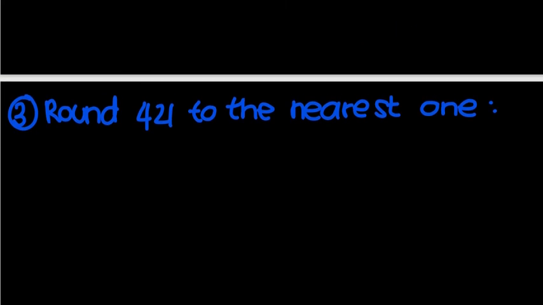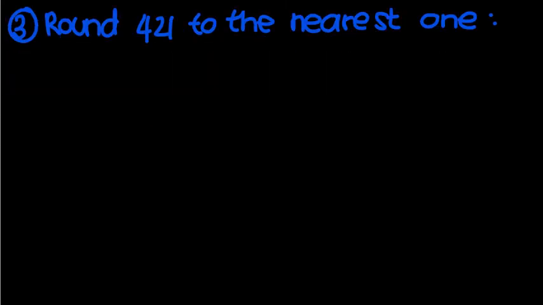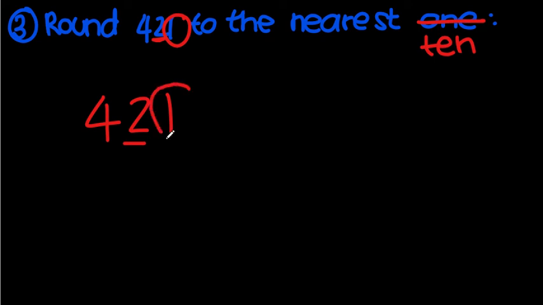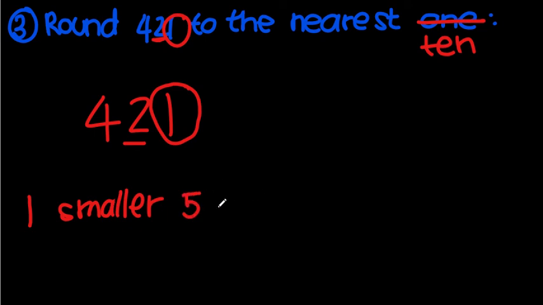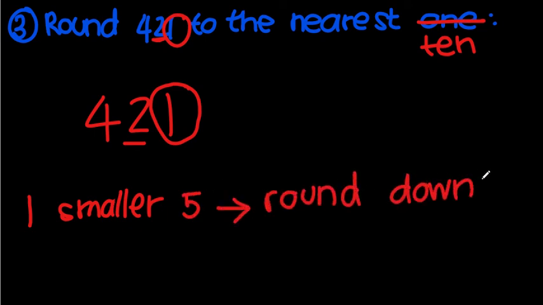Let's try another one. Same number, 421, but now we are rounding to the nearest 10. Sorry, I originally said the nearest 1, which isn't going to work. Rounding to the nearest 10 means we underline the 10 and circle the number next to it. For 421, we underline the 10 and circle the 1. 1 is smaller than 5, so we're rounding down again, and we just need to be careful about how we round down.